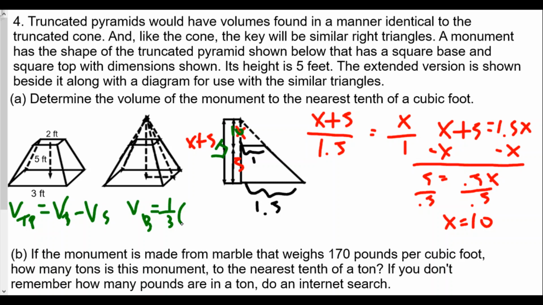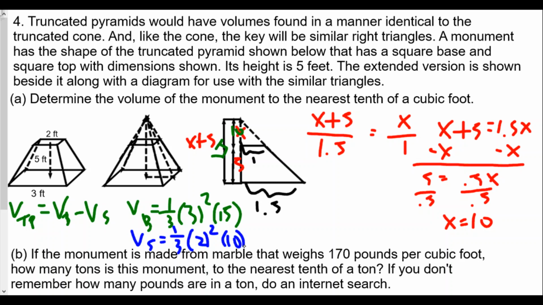Since it's a square base, it'll be 1/3 times 3 squared times the height, which we found to be 15. And the volume of the small pyramid is 1/3, it's a square base with side 2, so 2 squared times a height of 10.